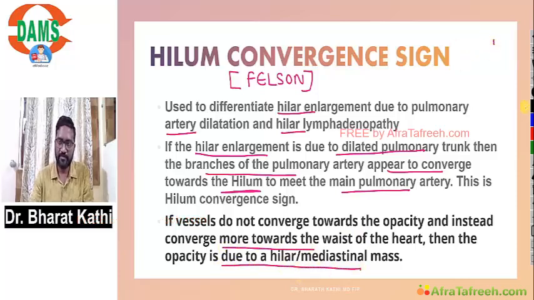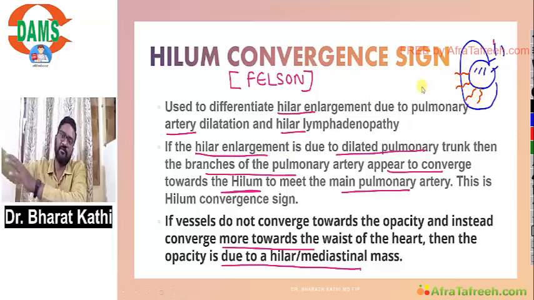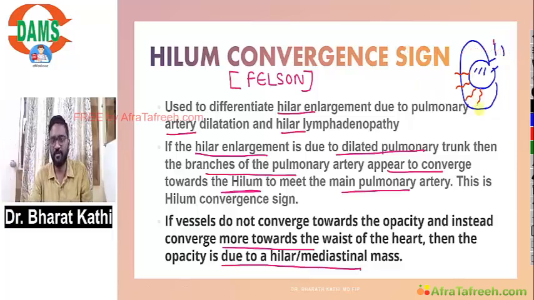Now suppose this is the lung and there is an opacity here. You don't know whether it is a mass or an enlarged pulmonary artery. Now if the vasculature seems to go into the periphery of the mass, it means all these must be branches of the pulmonary artery.